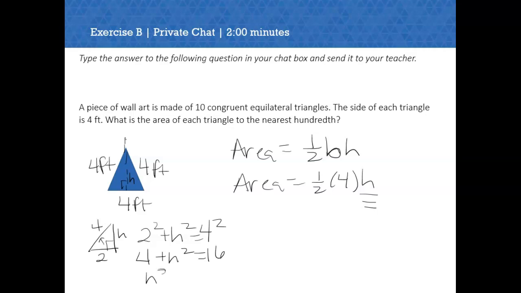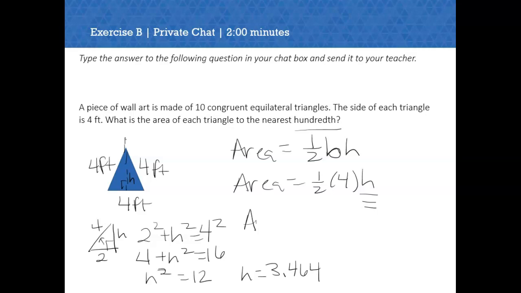H squared equals 12. Square root. H equals the square root of 12, which is 3.46. It says to the nearest hundredth, so I'm actually going to go one further out, 3.464, because I want to round at the end.